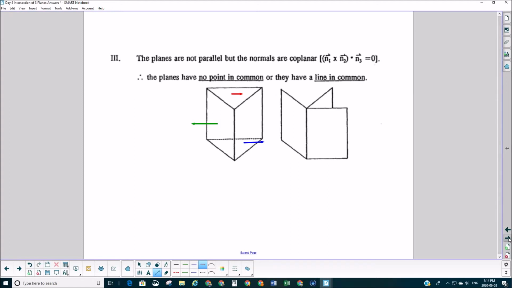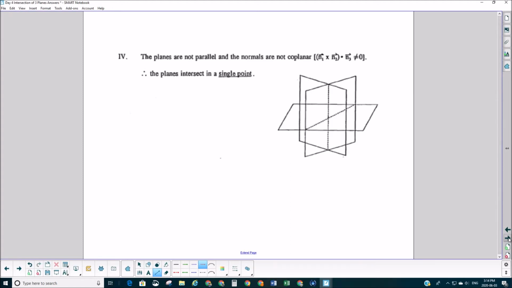All right, and then moving to this fourth example, or type 4, you'll see that the normals are not coplanar. So two of the normals might be parallel to the desk, but this third one is opposite to the desk, and so it would not be coplanar. So for example, this guy here might have a normal coming out like that, which would be parallel to the desk.